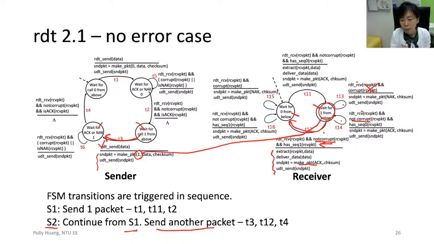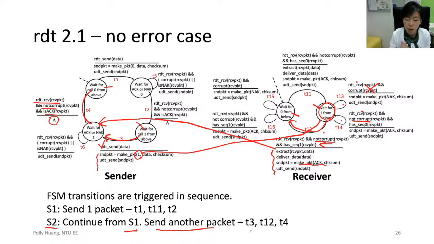Now an ACK packet will be generated, and this is going to go back to the sender, which is currently waiting for ACK or NAK 1. And it's getting an ACK for 1. It's going to do nothing but follow through T4 and enter the wait for call 0 from above.